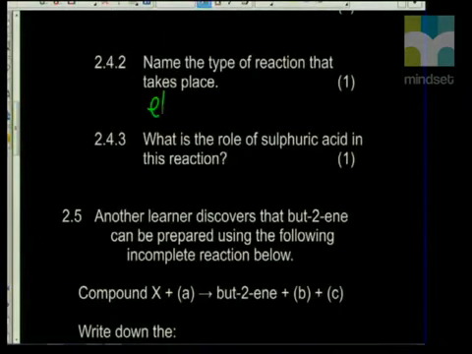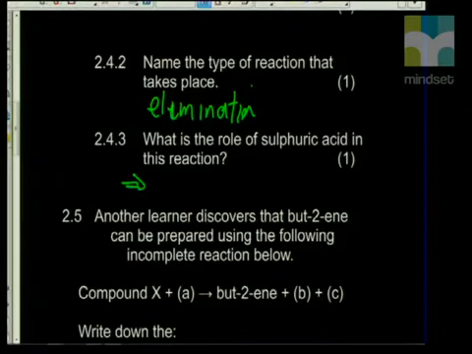Okay, it's elimination. The other word that we can use, because it is removing water in this case, what would we call water? Dehydrogenation, I mean dehydration. So we would recognize it's removing water, eliminating water and forming the double bond.